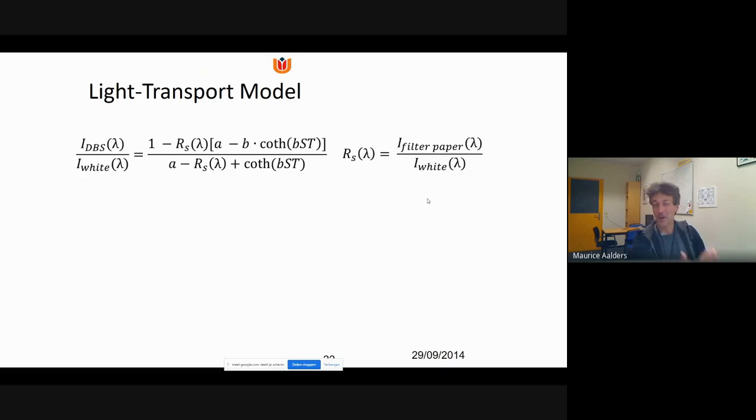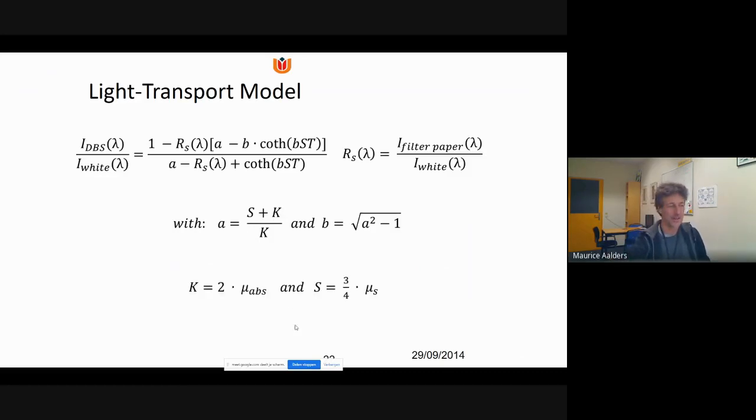So then we have a corrected spectrum coming off the substrate, as I showed you in the energy balance scheme. And this A and B correspond to the optical properties, so the absorption coefficients and the scattering coefficients. They're not straightforward, but there's some relation here. So this is how we do it.